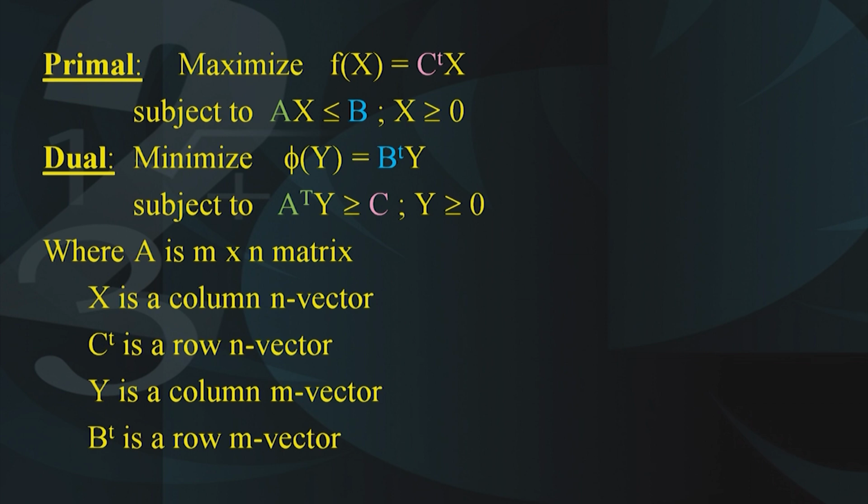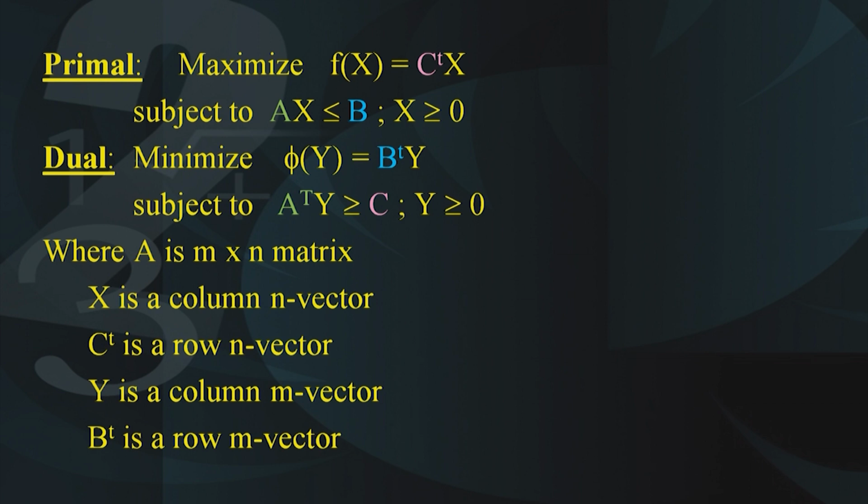On the other hand, the dual takes the form minimization of phi of y, which is equal to b transpose y, subject to A transpose y greater than or equal to C and y greater than or equal to 0.